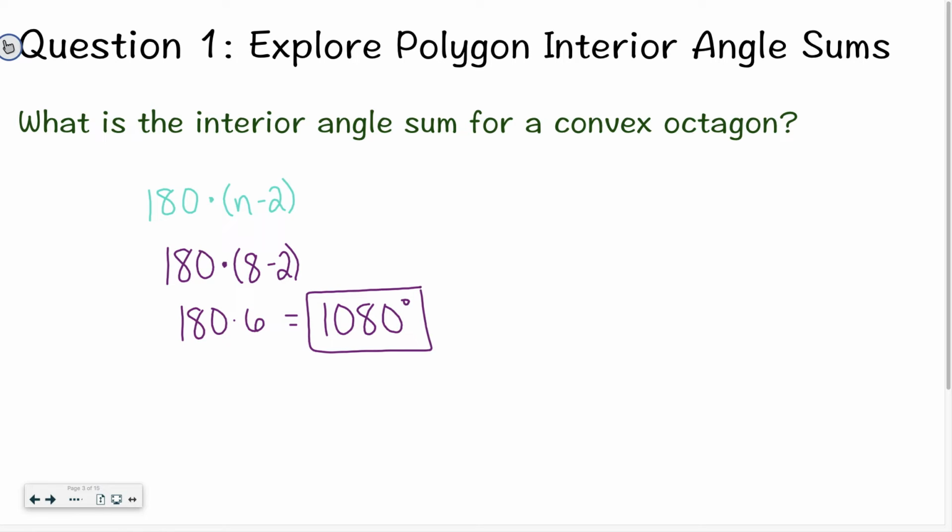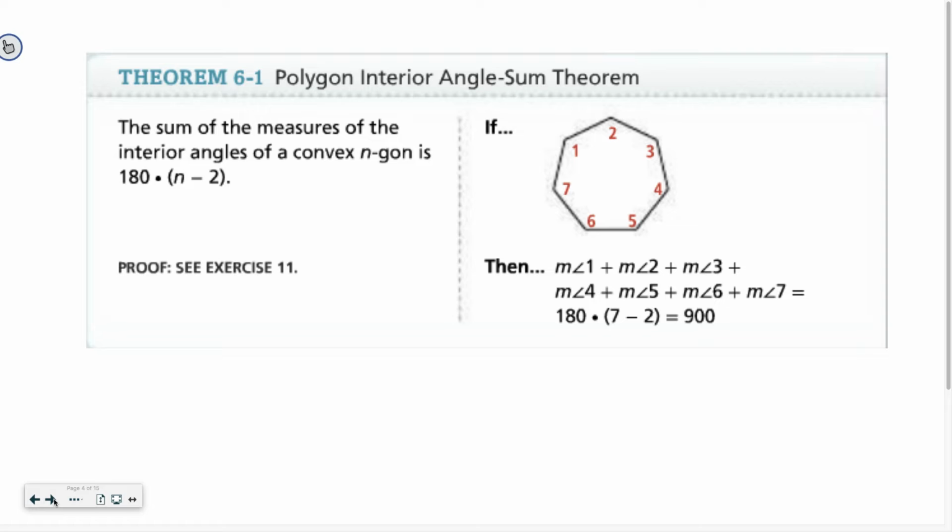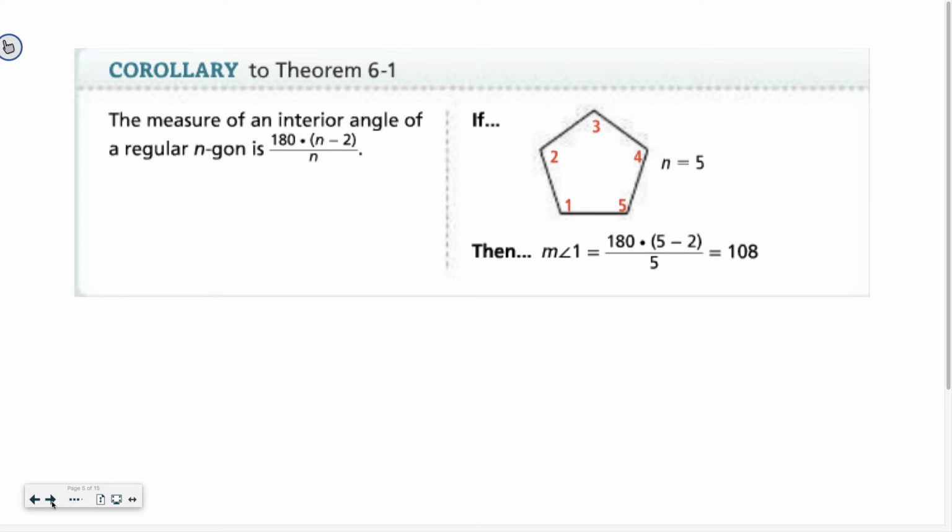And you ended up with 1080 degrees for the interior angle sum for a convex octagon. So here's just something that you can take a screenshot of. It's that theorem that summarizes everything that I've talked about so far in this video. Okay, so you can add this to your screenshot collection.